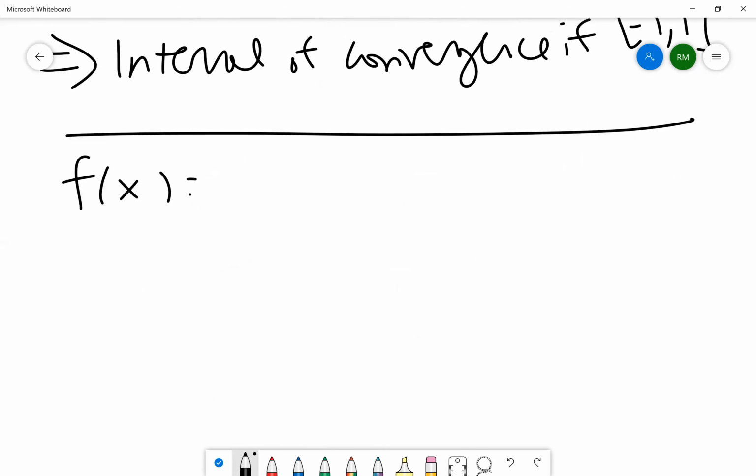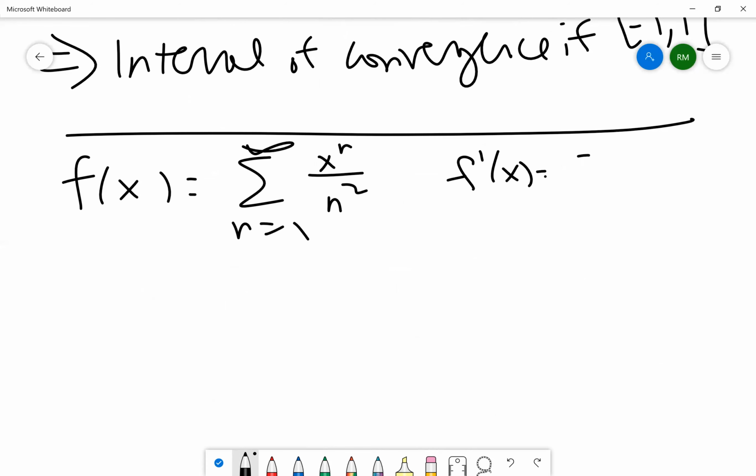Here's my function f again, and we found that the interval of convergence was from -1 to 1. It's not so hard to compute the derivative. You just take the derivative of each term.